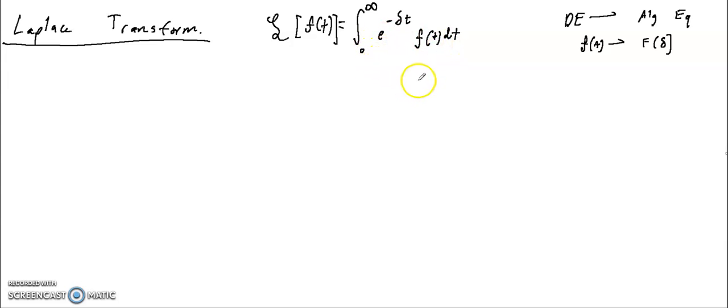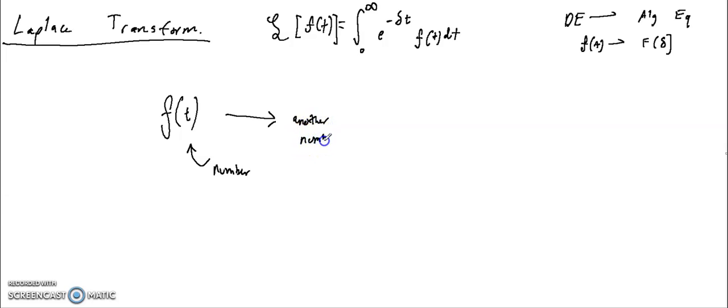just trust me. What's interesting about the Laplace transform is normally you have a function with a variable and you plug in a number and then it spits out another number. Like f of x equals x squared, if you feed in 2, then you get 4.